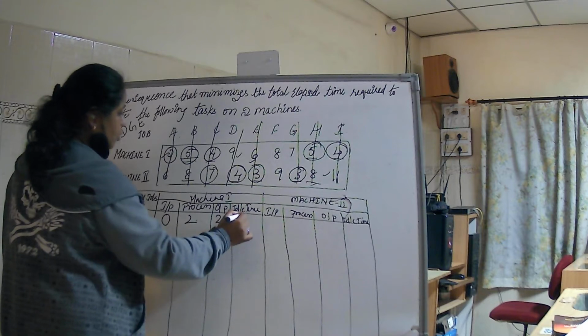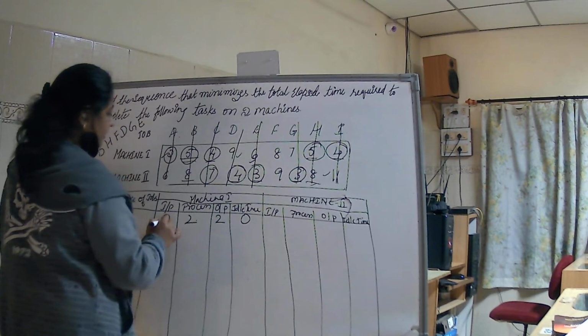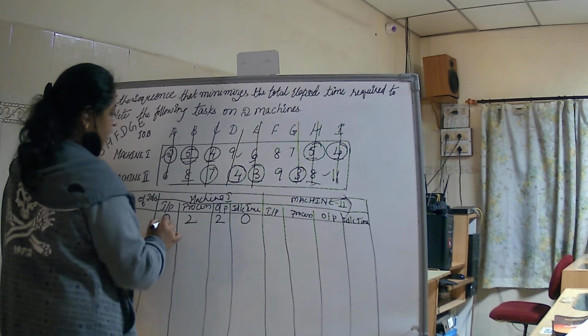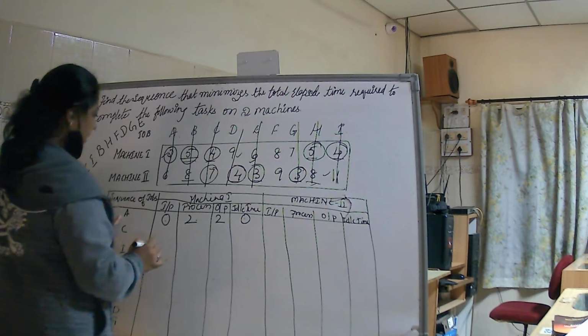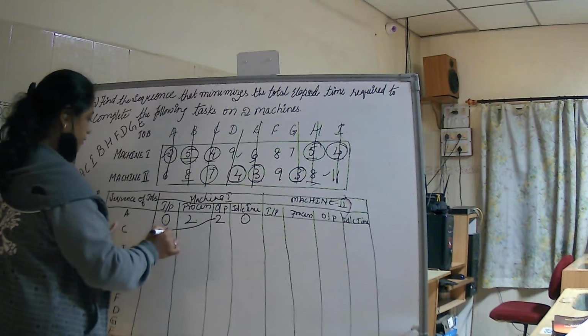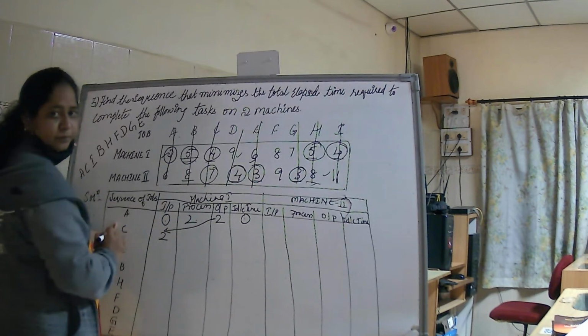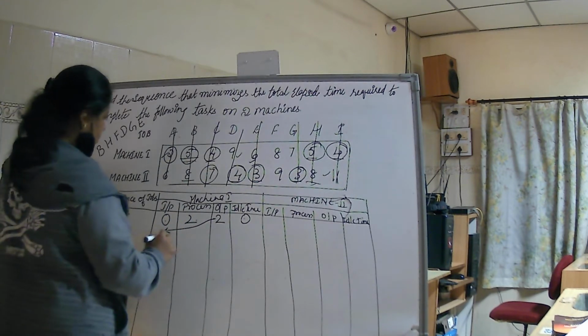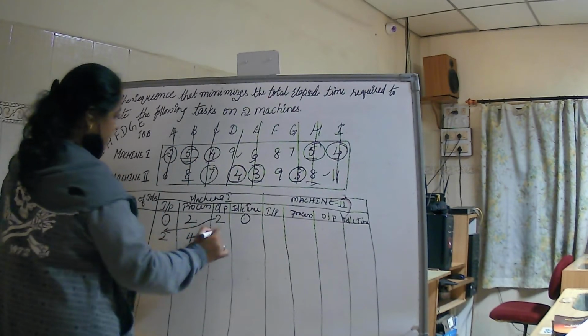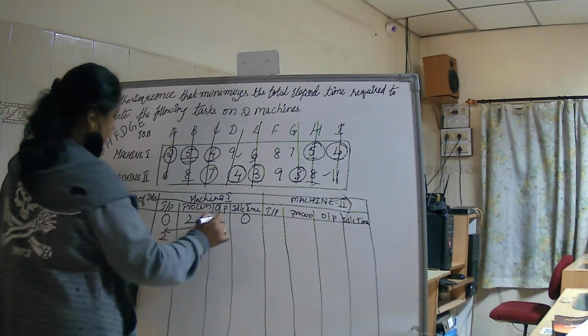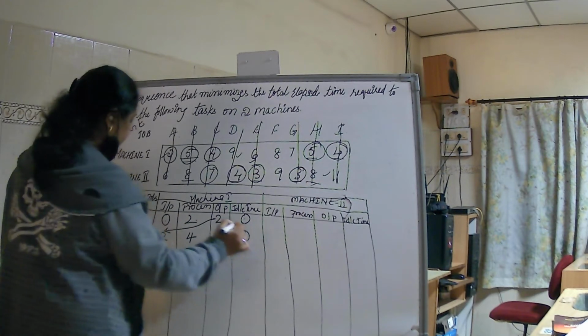The idle time will be the input time: whatever is the input time for the first job, the same will be the idle value, 0 and 0. Next, this output becomes input, that is 2. The process value for C on machine 1 is 4, so that becomes 6. And the idle value 2 minus 2 becomes 0.